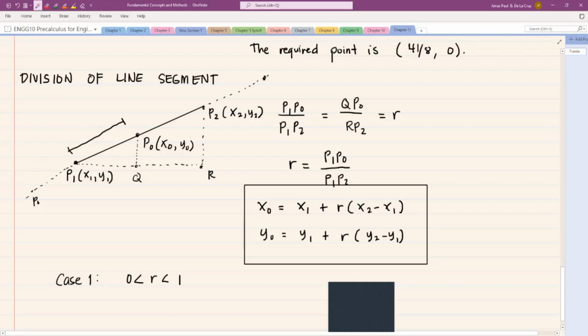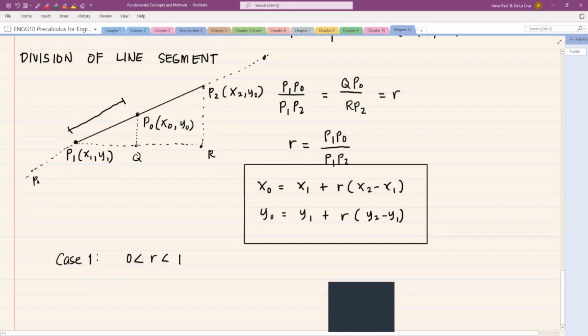Okay? So kapag yung PO is between P1 and P2, isulat ko dito, PO is between P1 and P2. Kapag nasa gitna, kagaya ng example natin dito, ang masasolve natin na value ng R dapat ay between 0 and 1.